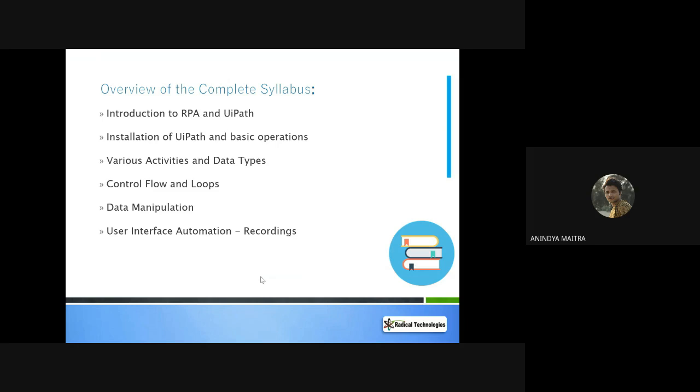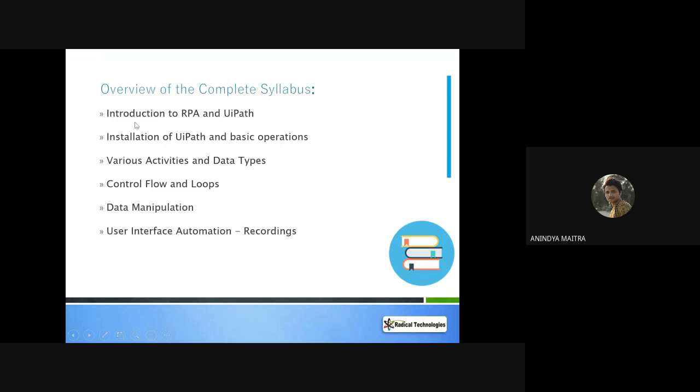So in the curriculum designed by Radical Technology, this is a very brief overview of the entire curriculum. First, we will have a very detailed introduction of RPA and UiPath.